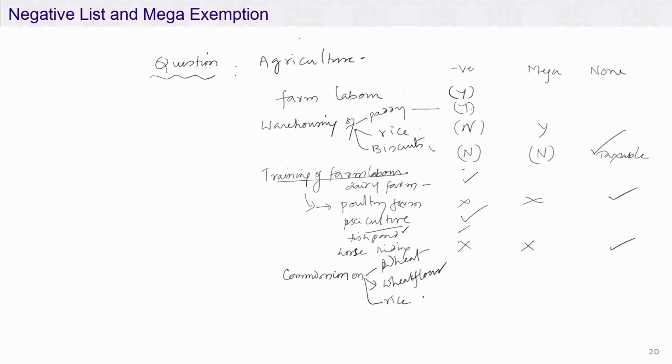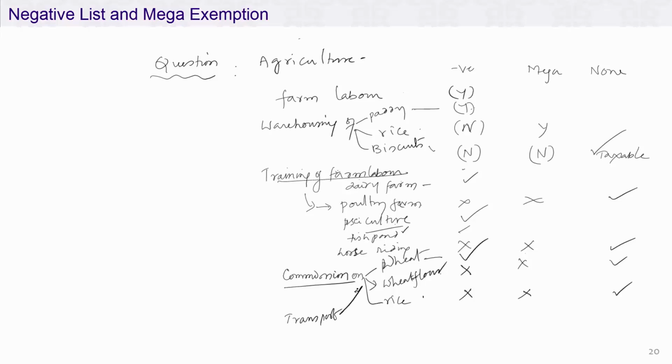Now tell me whether it is in the negative list. Wheat, yes, because it is agriculture produce. Okay, and what about wheat flour? It is not here. And rice, it is not here. And commission is not covered elsewhere also. So not here, not here.